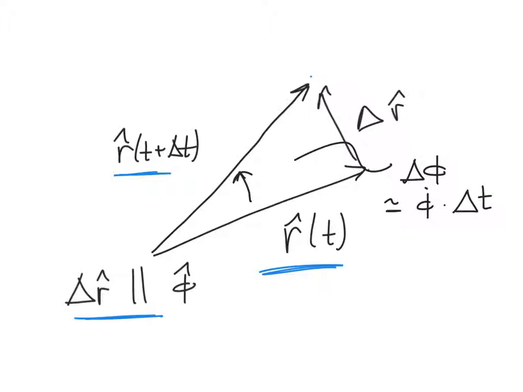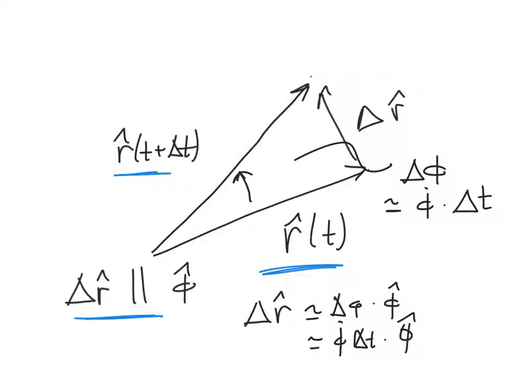But the basic idea is now we have an expression for delta r hat. It has to be very nearly delta phi times phi hat. And that is, as we've just said, phi dot times delta t times phi hat.